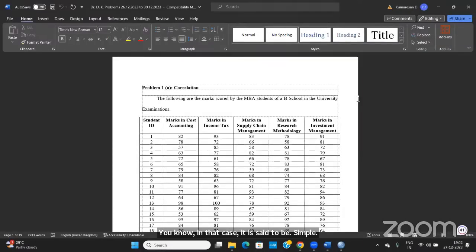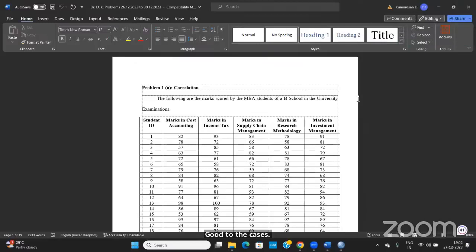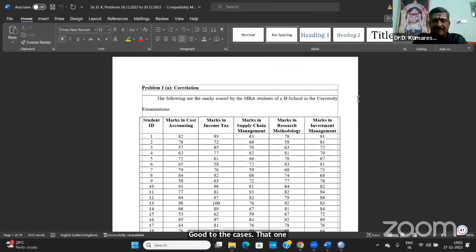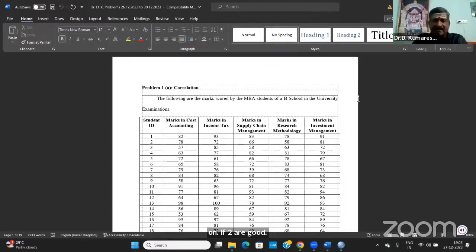If one dependent variable and two or more independent variables are there, in that case, it is said to be multiple regression. In both cases, there is one dependent variable. If one independent variable is there, it is simple regression. If two or more independent variables are there, it is multiple regression.